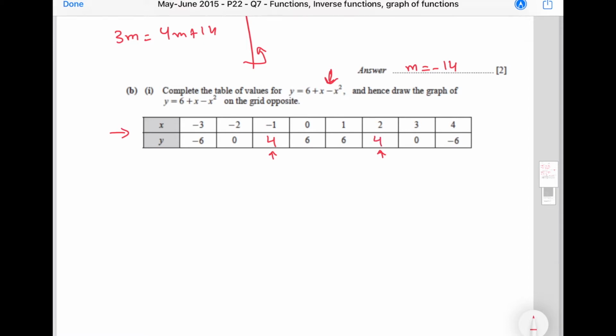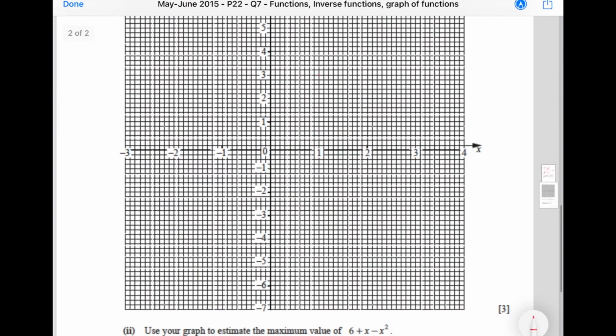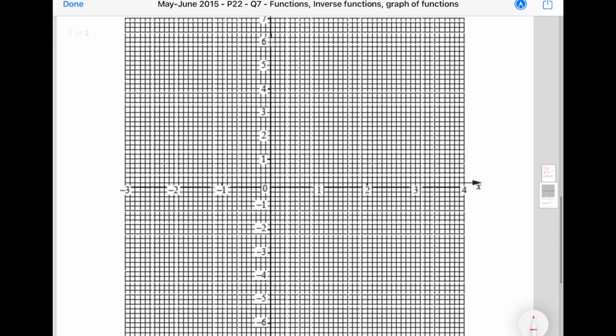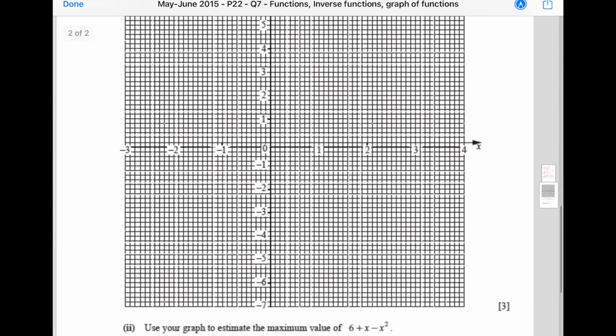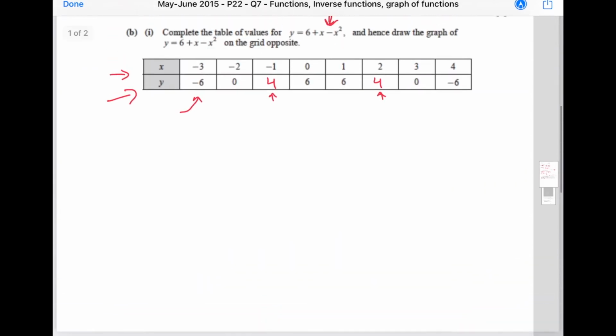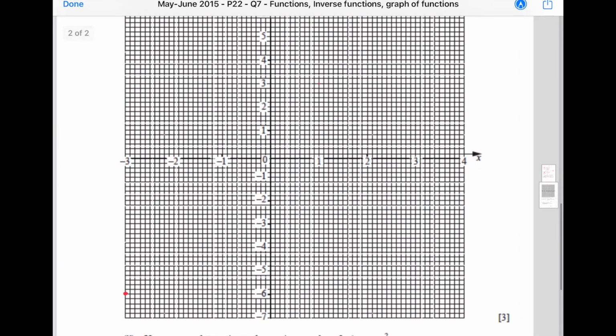Okay, now we have to draw the graph of this table on this grid over here. So let's do that. The first value is negative 3 and negative 6. So when we come to the graph, negative 3 and negative 6 is going to be over here. The next value is negative 2 and 0. So when we put negative 2 and 0 on the graph, the value is going to be over here.